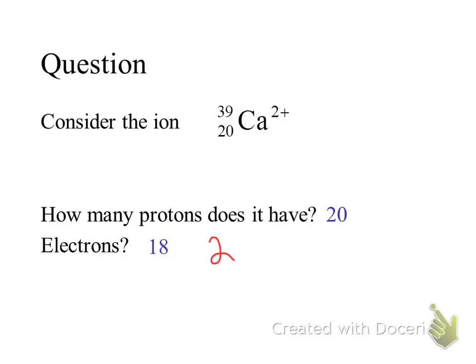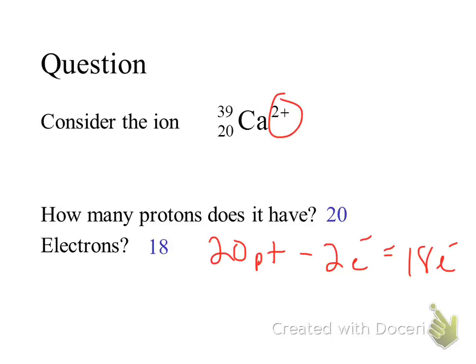So it has 20 protons, and it has a +2 charge. That means with regard to electrons, it must have lost 2 electrons, so it has 18 electrons.